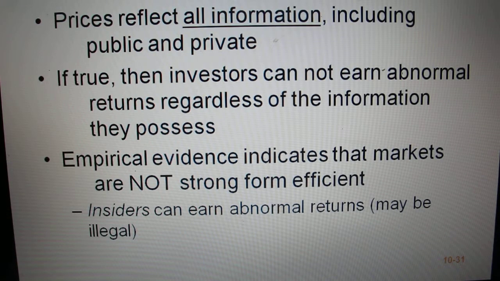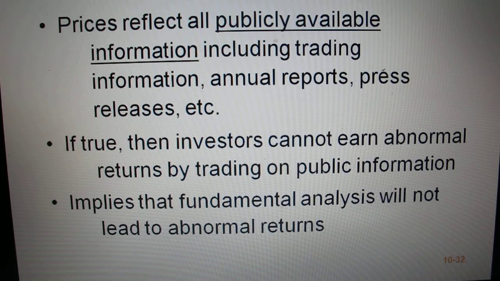Okay, so digging a little bit more in depth into each of these. Strong form efficiency. Here, prices reflect all information, including public and private. And if it's true, then investors cannot earn abnormal returns regardless of the information they possess. Empirical evidence indicates that markets are not strong form efficient. Insiders can earn abnormal returns, which may be illegal. How about semi-strong form efficiency?